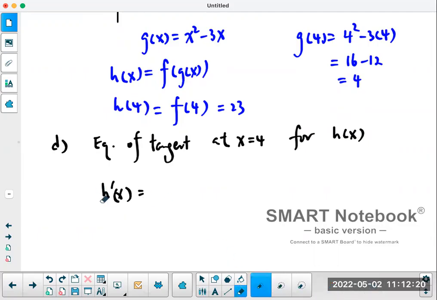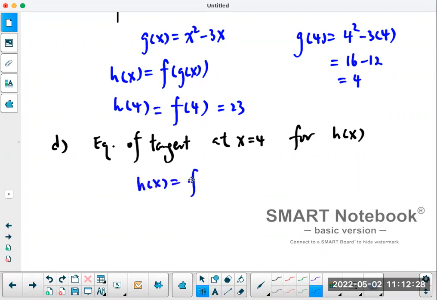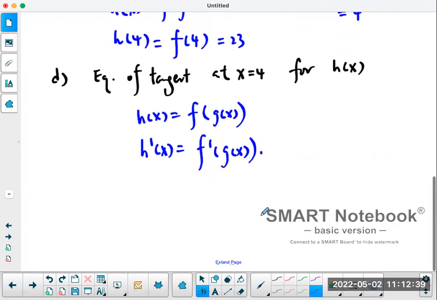Well, you don't need the function to find the derivative. This question is actually a little tricky. You write down h at x, which is equal to f at g at x. So the derivative of the function is going to be f prime at g at x, and then you have to multiply by the chain, which is the derivative of inside. Okay.